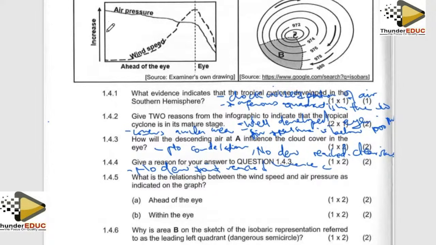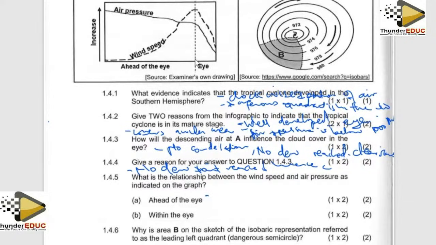The pressure is high, away from the eye, but the wind speed is low. That means when you reach here, the wind speed has been high, but it starts decreasing in the eye. And then also the pressure starts to drop.